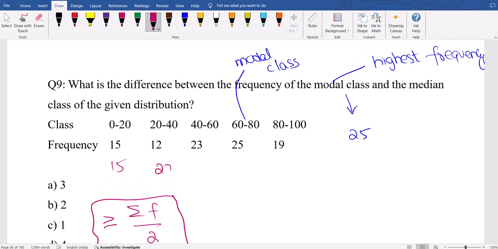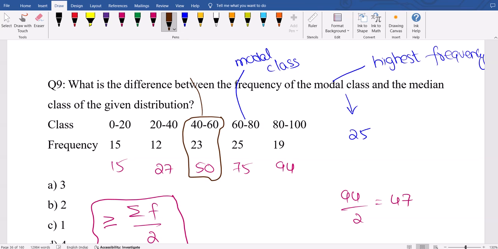Here cumulative 27, 15, 75, 94. 94 divided by 2 is 47. So greater than 47, close one is 50. So this is called median class. So for median class, the frequency is 23. Difference between 25 and 23 is nothing but 2.